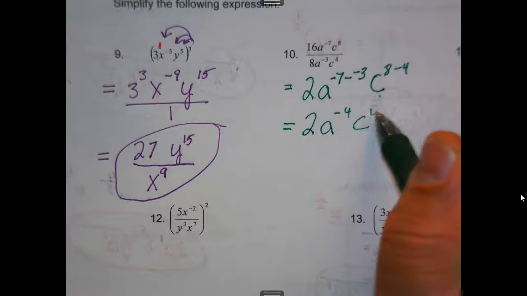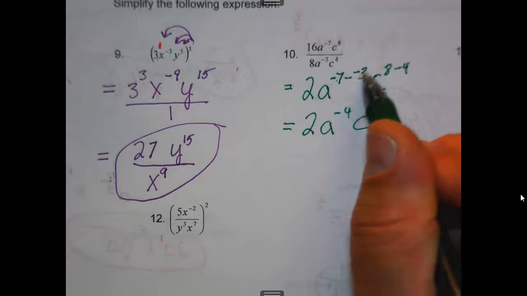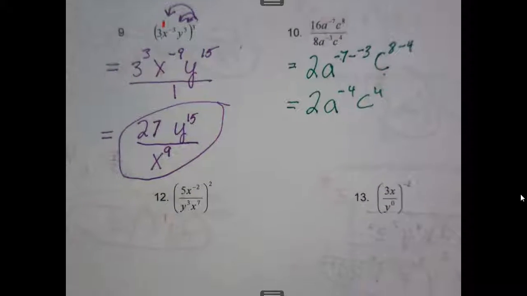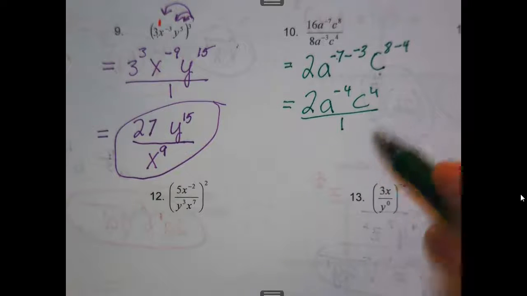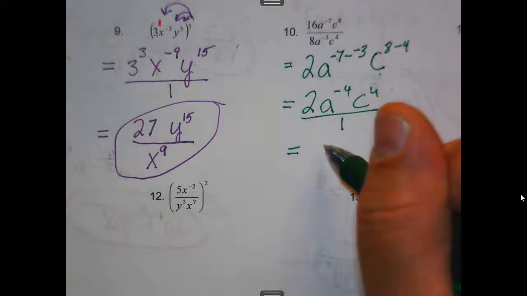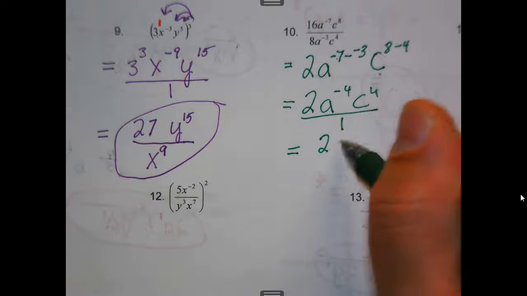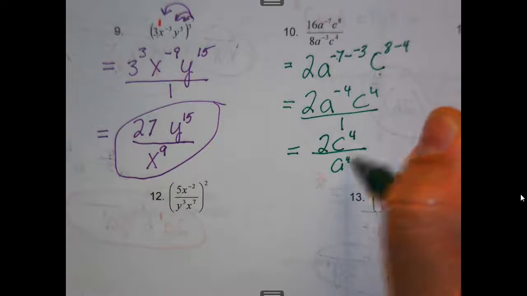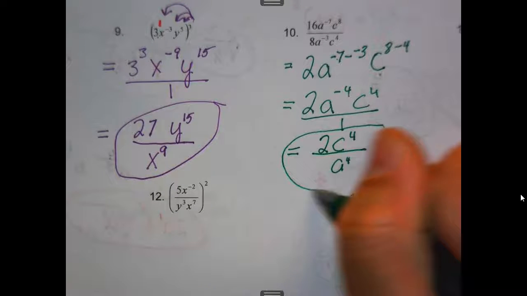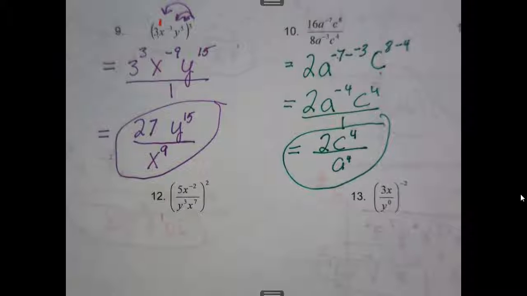Good. Okay, negative 7 plus 3 is negative 4. Again, I cannot have negative numbers in my answer. I'm going to put it over 1. That leaves me with 2c to the 4th over a to the 4th.